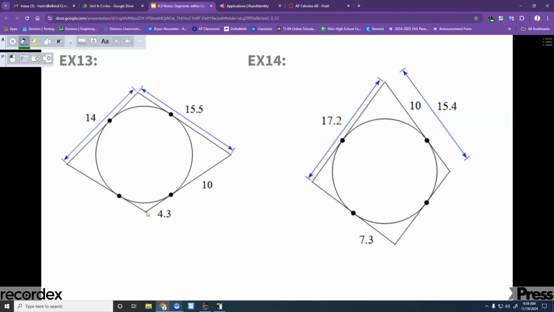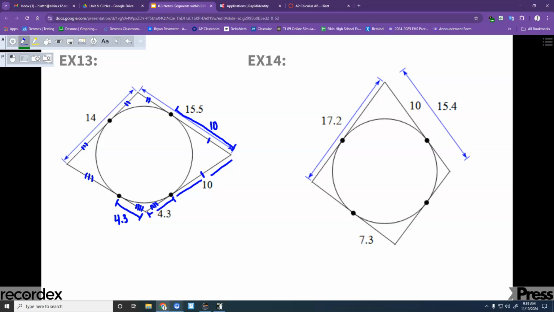So what's important to remember whenever you're doing these problems is that this piece would equal this piece. This piece equals this piece. This piece equals this piece. And this piece equals this piece. So this is 4.3 right here. Then this piece right here is also 4.3. That means if this is 10 right here, what would the length of this piece right here be?